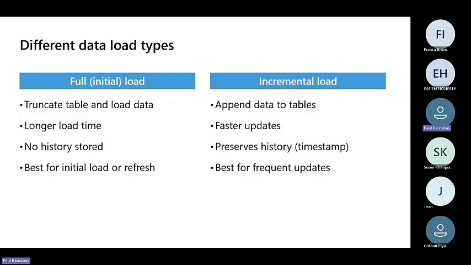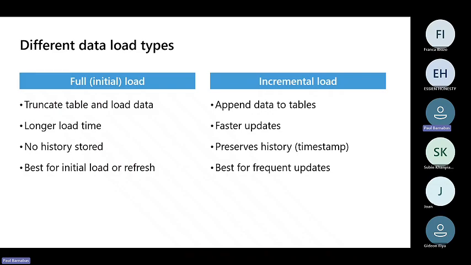But the moment you have loaded your data for the first time, the next best thing is to implement an incremental load system. What this typically does is that it will incrementally load the data.